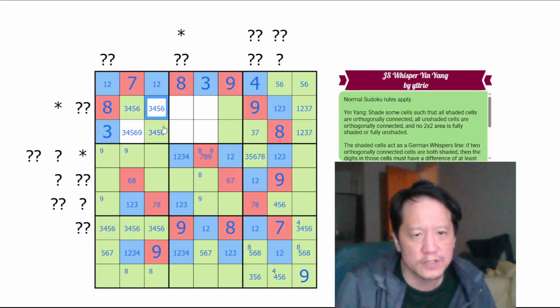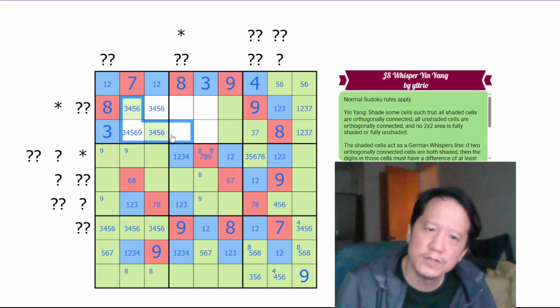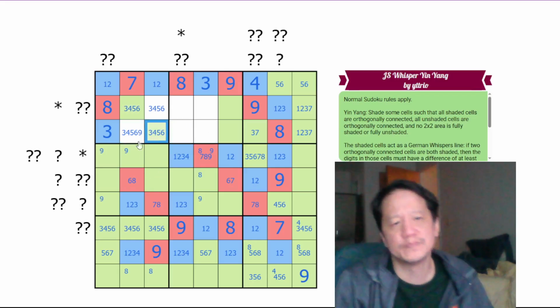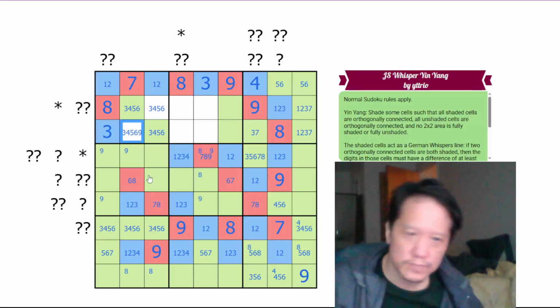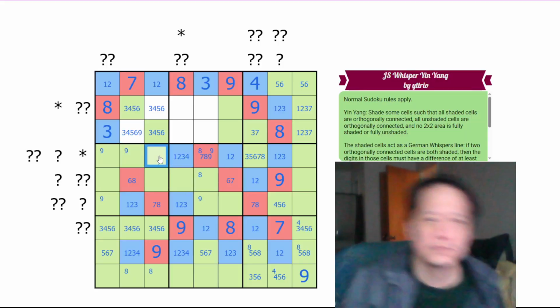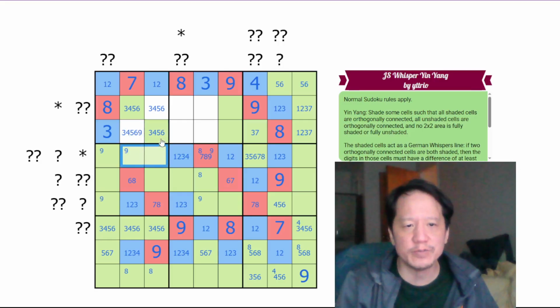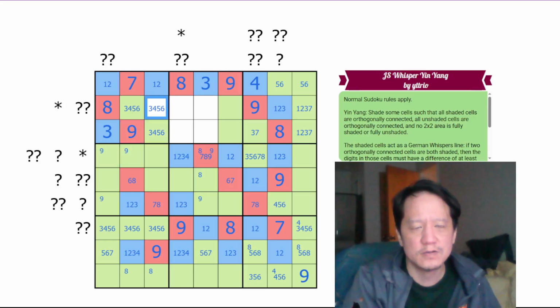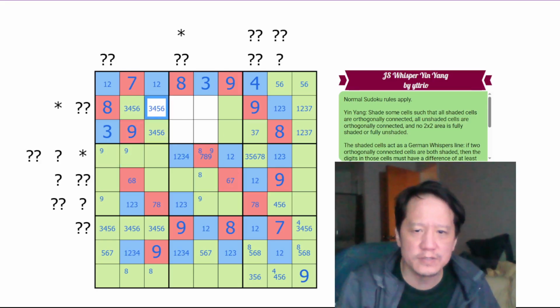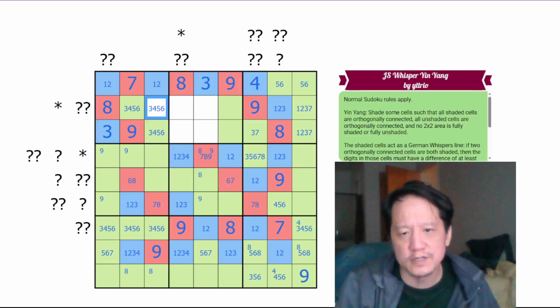And then this is shaded. Maybe. Yeah, that works. Oh no, this has to be unshaded because of 2x2 space. So then this is unshaded, this is 9. This then has to, sorry, it's shaded, and that's 9. This is unshaded here.